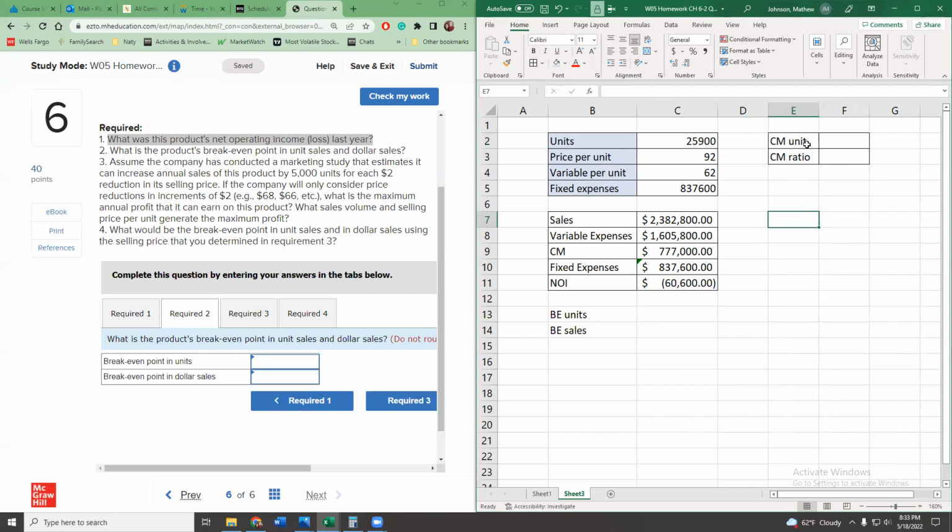The contribution margin per unit is the selling price per unit minus the variable per unit, so we have 30. The contribution margin ratio is the contribution margin per unit divided by the price per unit, or you can do the total contribution margin divided by sales, and we get the same number. So again, break-even point in units is fixed expenses divided by the CM per unit, and in dollars it is fixed expenses divided by the ratio.